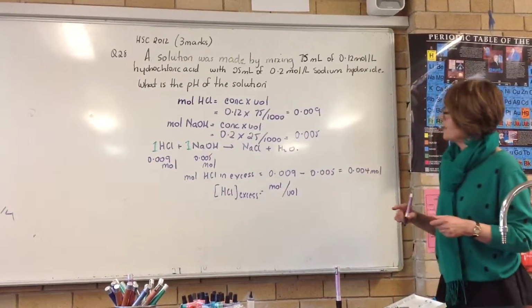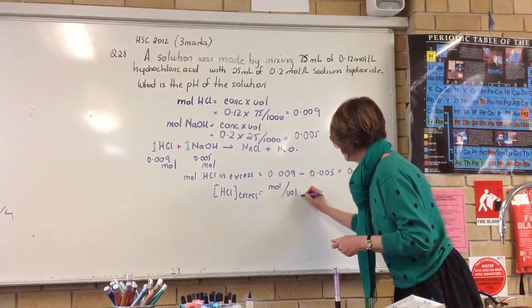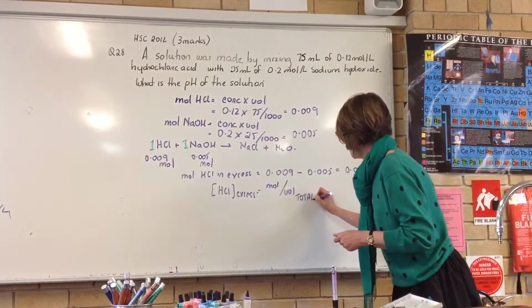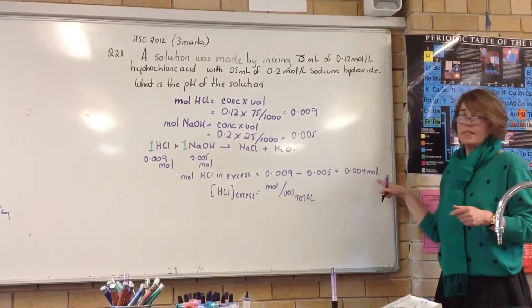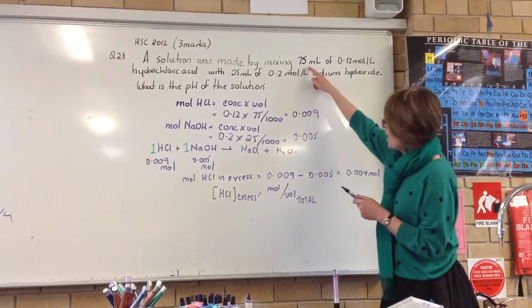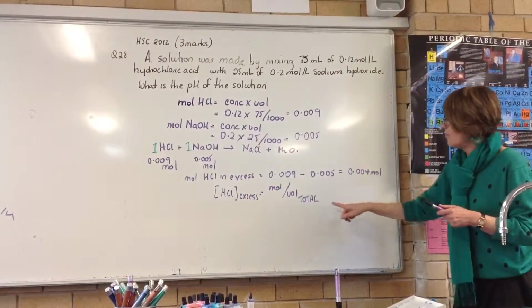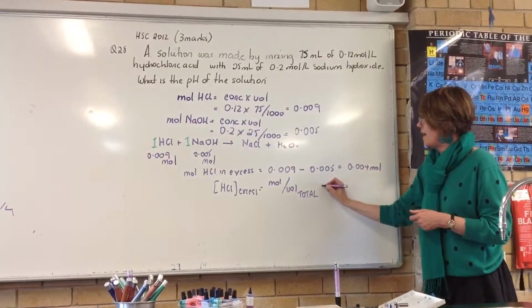And there's another trick there, that the volume needs to be the total volume, because that number of moles of excess HCl is now floating around in 75 plus 25. It's floating around in 100 mL. So we're going to divide that by that 100 mL.